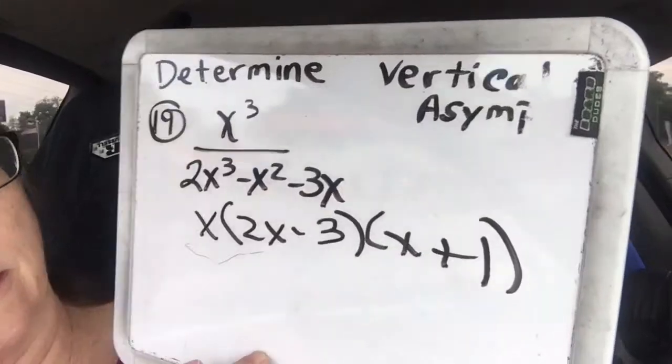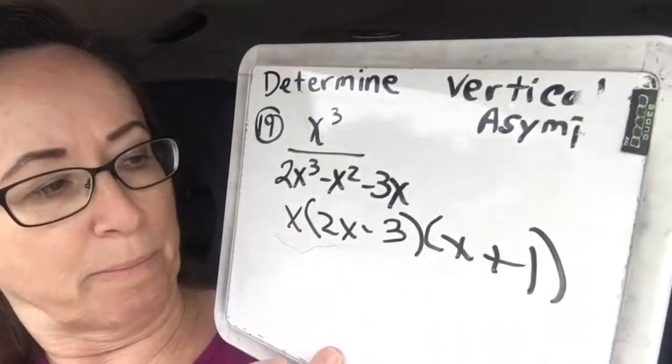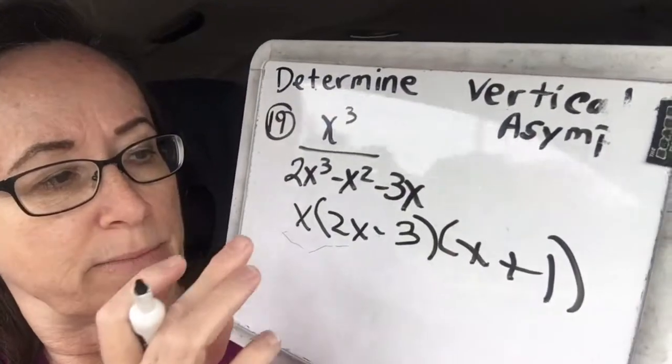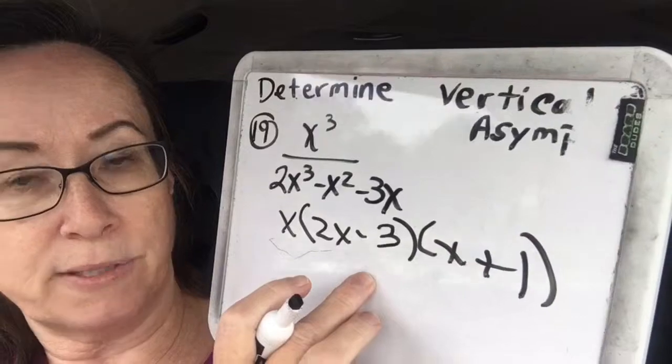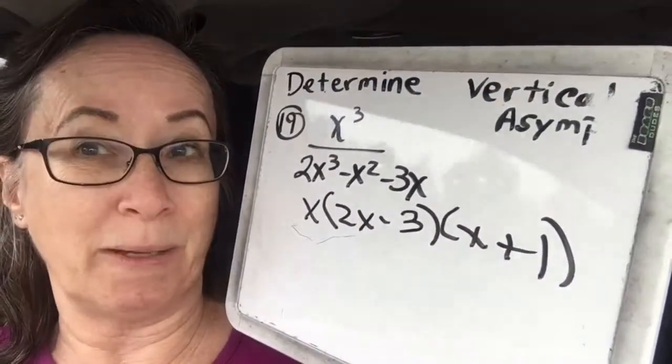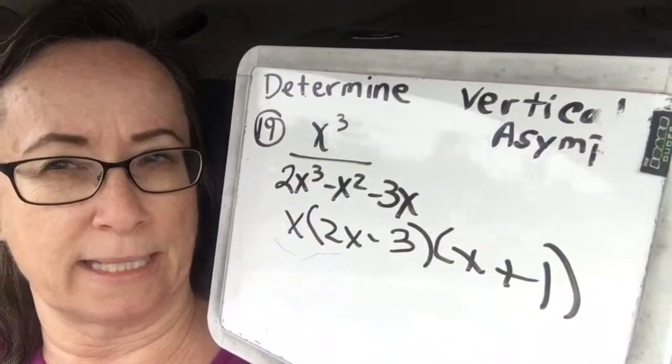And it does. Okay, now on first look I might say, okay, I have a vertical asymptote at 0 and at 3/2 and at negative 1, but I would be wrong, because notice that I have a 0 at 0.